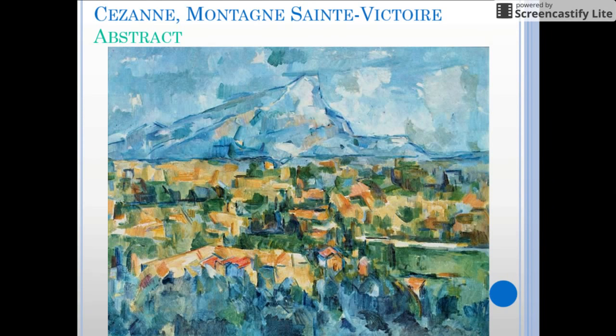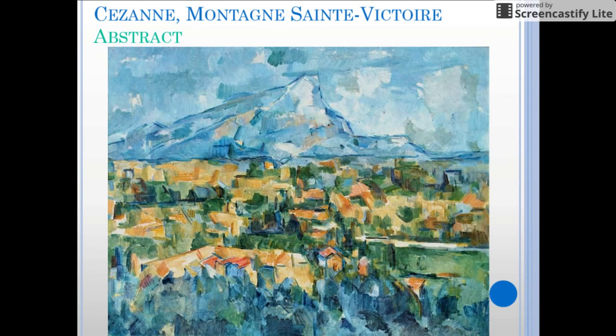And abstraction, it's one of those words that often people tend to misuse. And so I try to explain it this way using the Cézanne piece that you see here of the mountain Montagne Sainte-Victoire, and kind of trying to use this painting of a mountain to solidify the idea of abstract shape.